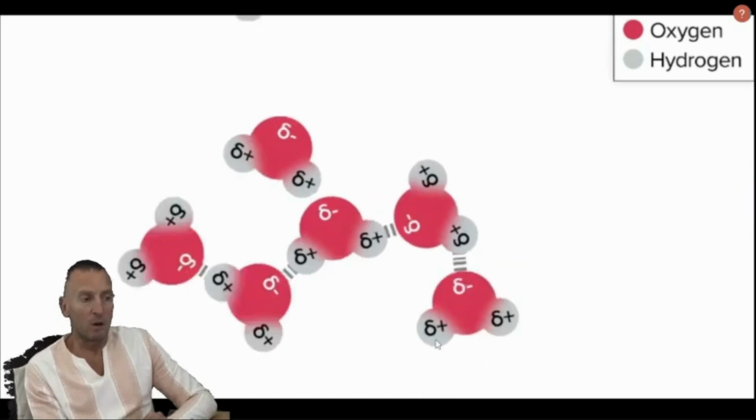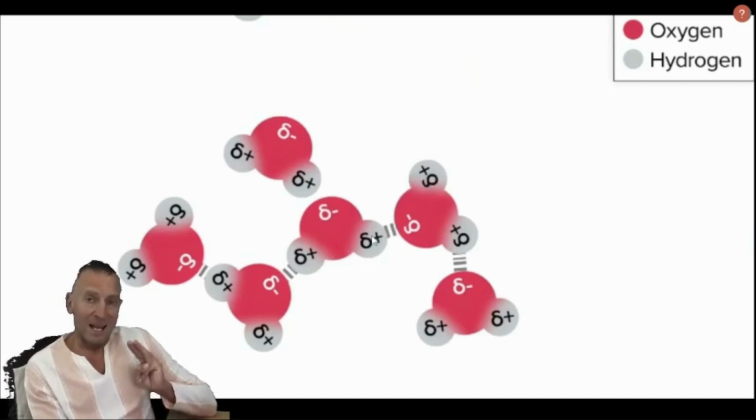And hydrogen bonding is between hydrogen connected to only 3 elements: oxygen, nitrogen, and fluorine. When the hydrogen is connected to these 3 elements, it gets connected to the other atom, and this is called hydrogen bonding, and this is the strongest dipole bonding. Because of this hydrogen bonding, look at it now.